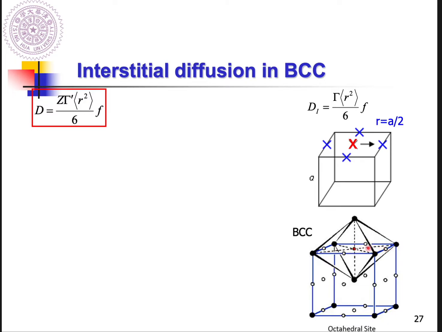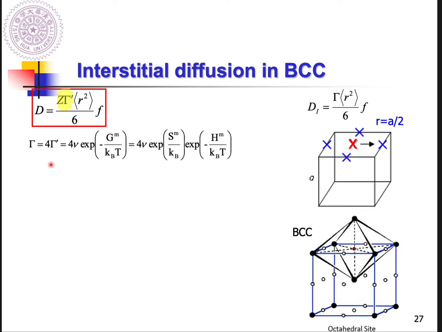It can only jump here, here, there, here. It's not going to jump here because the distance to this interstitial site is longer than this one. So the interstitial atom can only jump to the nearest available interstitial site, so there are only 4 possible directions.